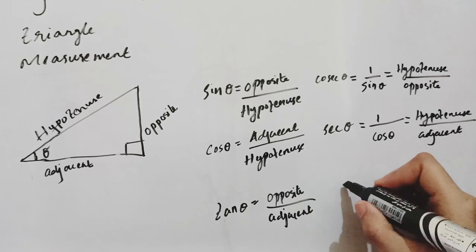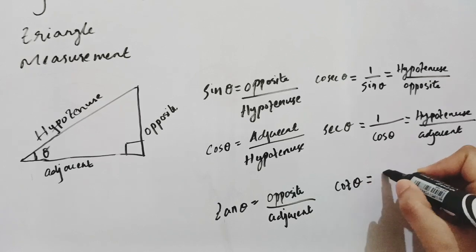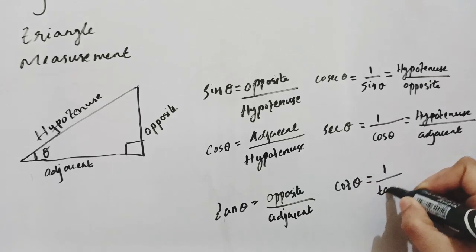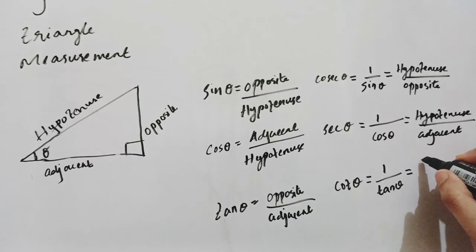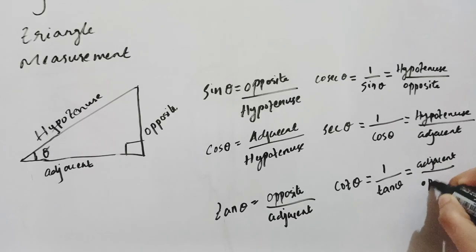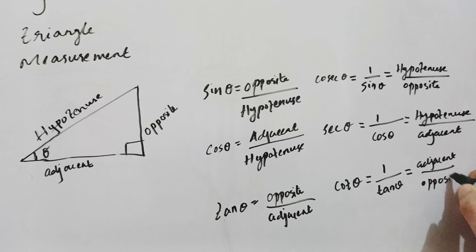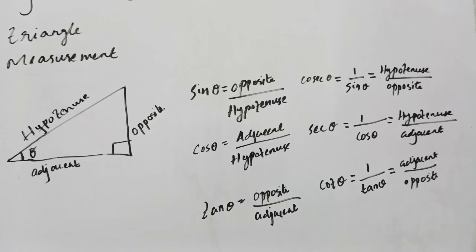Next, cotangent theta, that is written as cot theta, which is equal to 1 by tan theta, which is equal to adjacent side by opposite side. These are the 6 different functions of trigonometry.